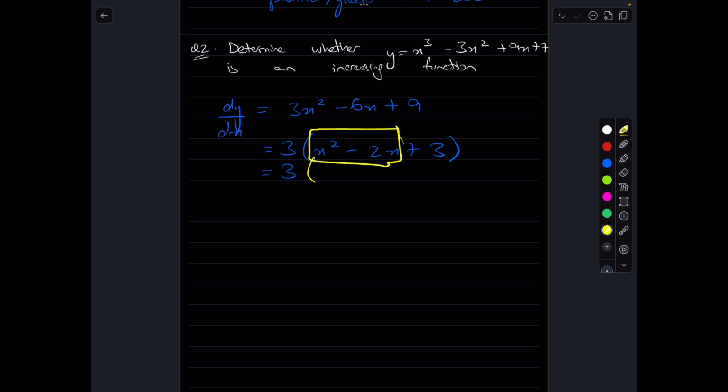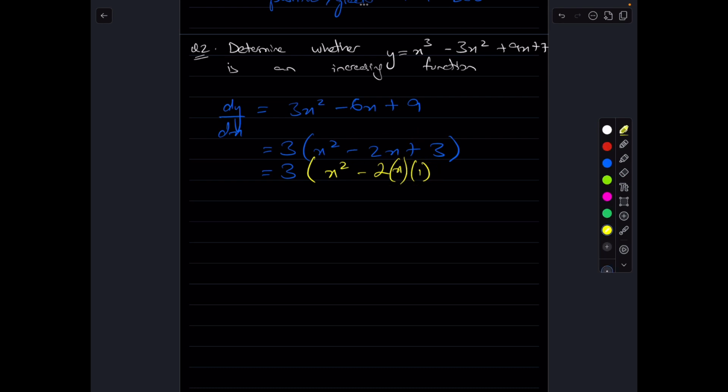Whenever completing the square, only deal with these two. So we have x squared, minus 2, a is x, and for this to be equal to minus 2x, we've got to have a 1. Thus our b is 1.